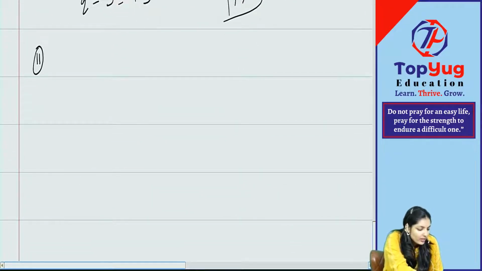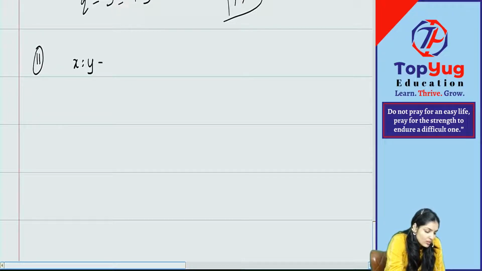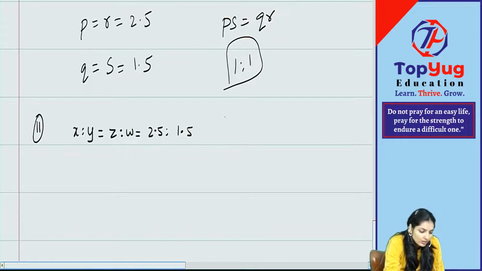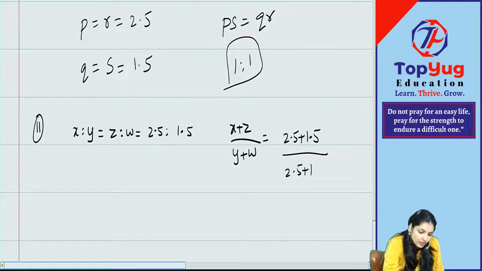Now the 11th one. If X is to Y is equal to Z is to W is equal to 2.5 is to 1.5. Here you have to substitute X plus Z, Y plus W. So X plus Z is 2.5 plus 2.5, and Y plus W is 1.5 plus 1.5.